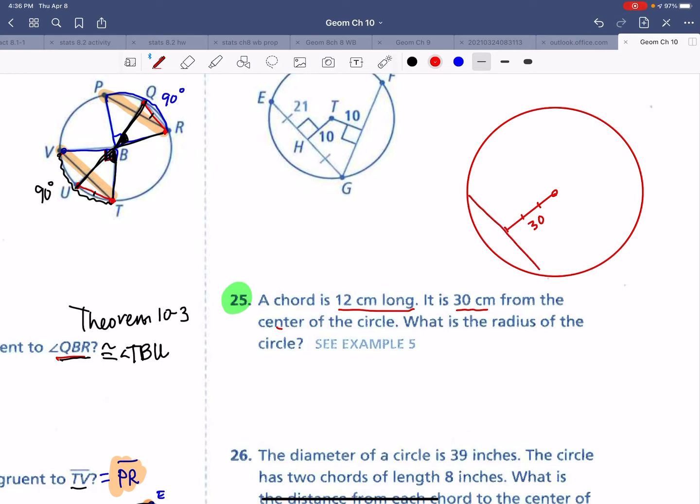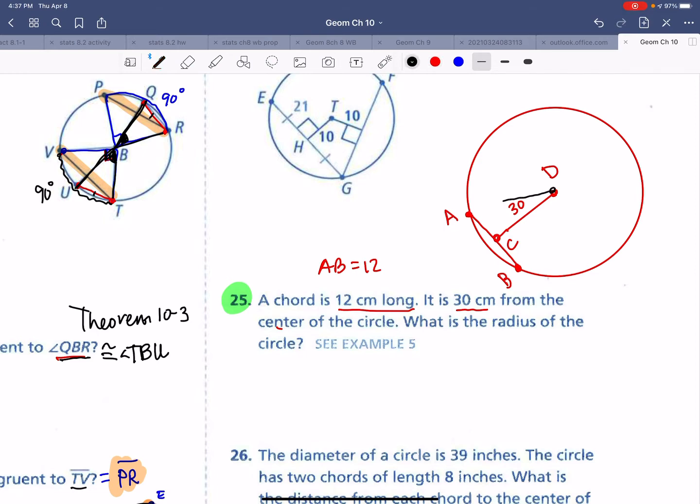And the chord is 12. So the chord is actually quite a bit shorter than the distance there. So this is 12. AB is 12. And this distance is 30. What is the radius of this circle?